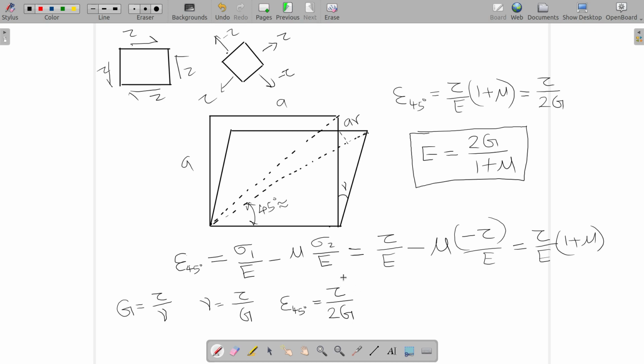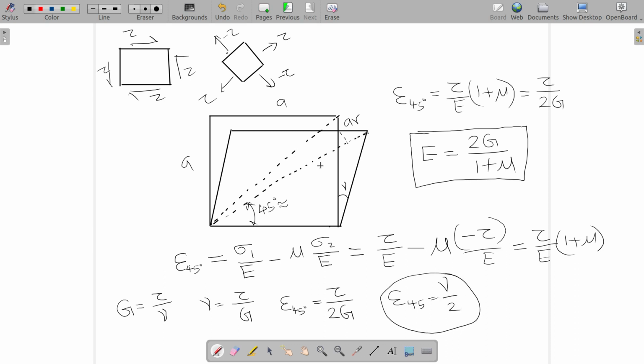Component in strain tensor, for the shear values, will be equal to half of shear strain, but that is not actually equal to linear strain in this direction, right? This is nothing but linear strain in this direction. So I had to actually prove that. That's the reason why I wrote this. I think I kind of skipped it. So we have to prove that epsilon 45 is actually equal to gamma by 2.